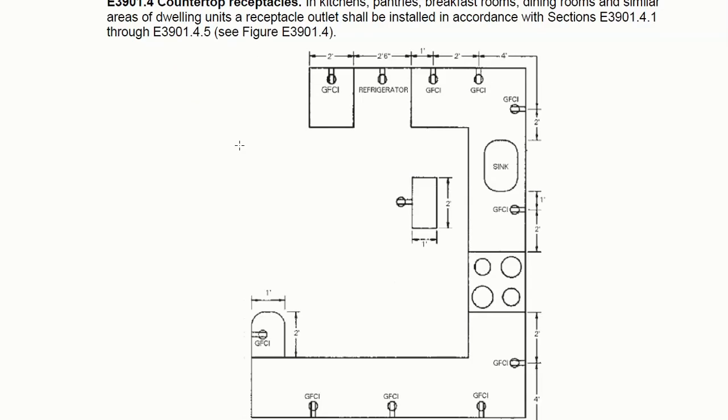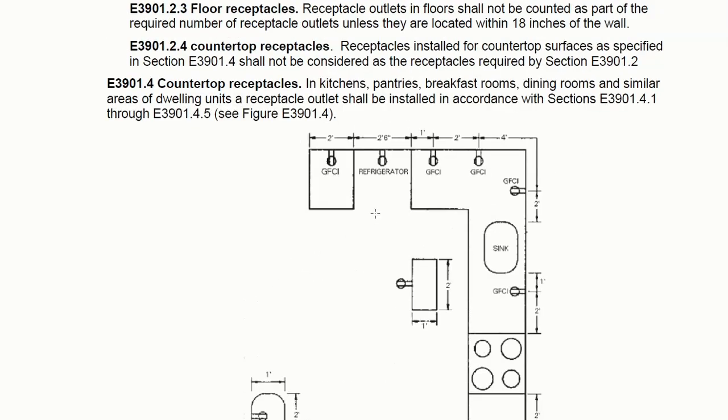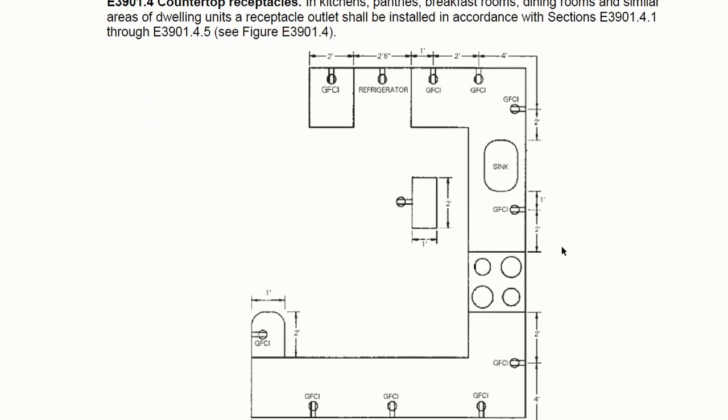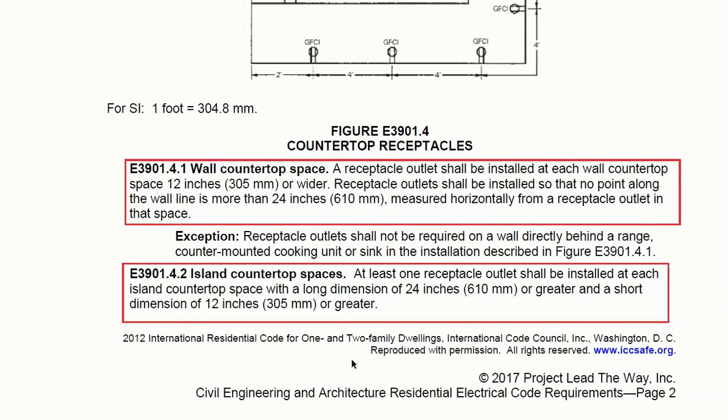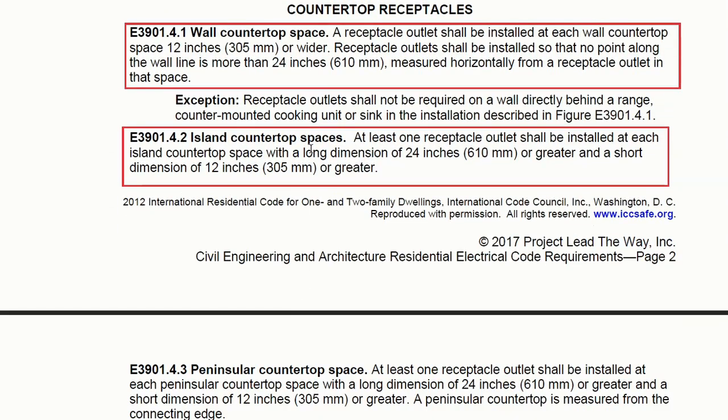When we get into kitchens, and they've got a lot of descriptions here, the main thing I want you to notice is as you go across the countertop along the wall, we are going to follow this rule, simplified: 12 inches from the end, and then every 2 feet along the wall. So if it's 2 feet from a corner, and the next wall, make sure it's 2 feet from the corner.